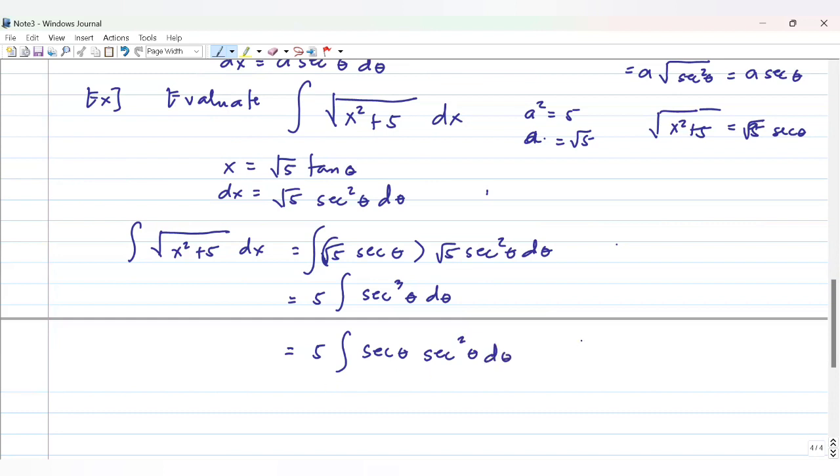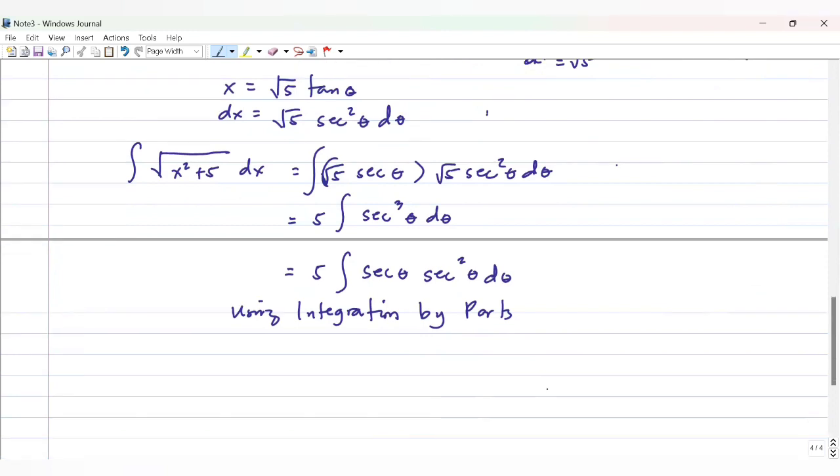So using integration by parts, what is the formula for integration by parts again? That is the integral of u dv is equal to uv minus the integral of v du.